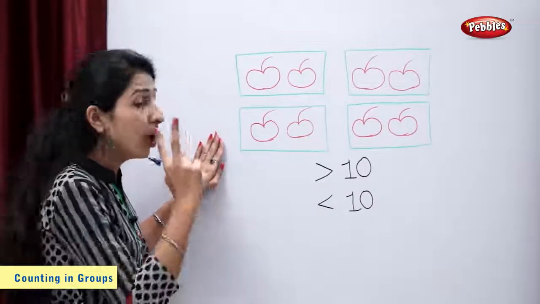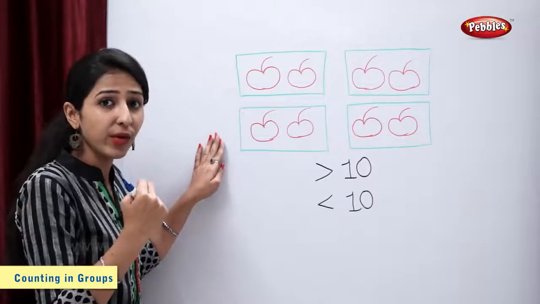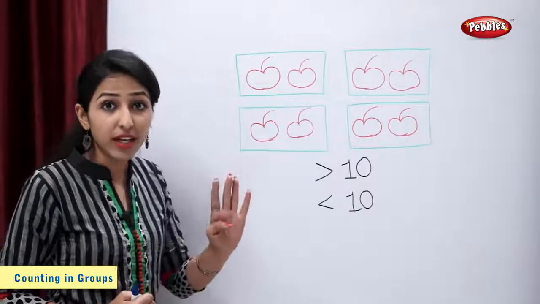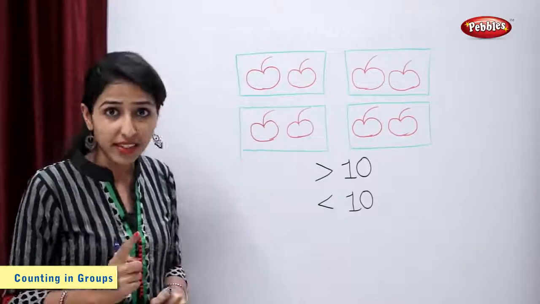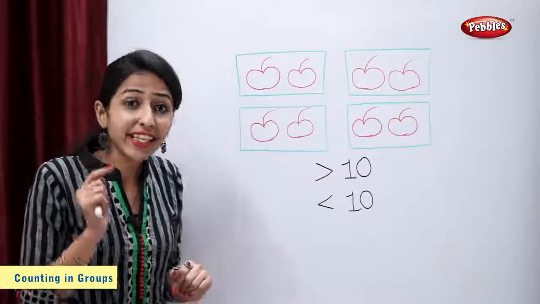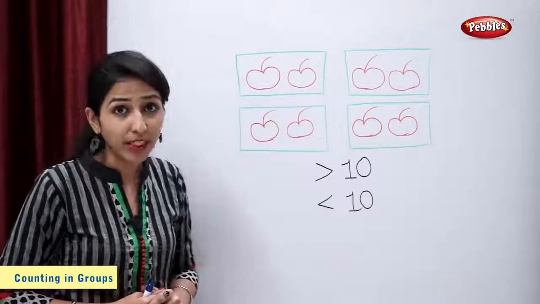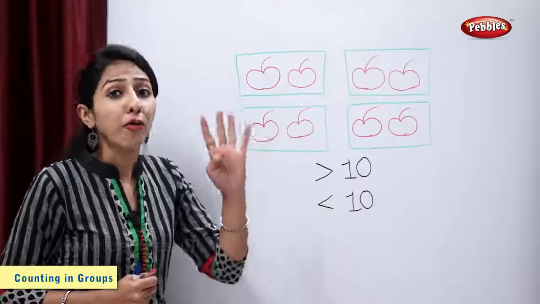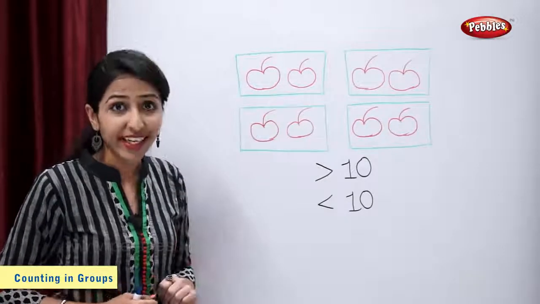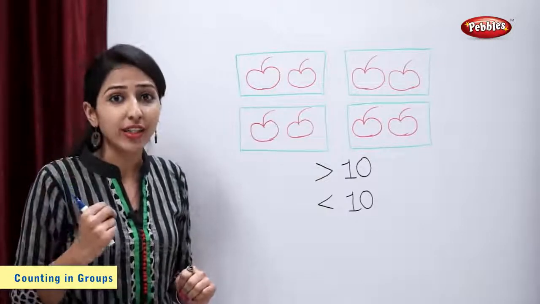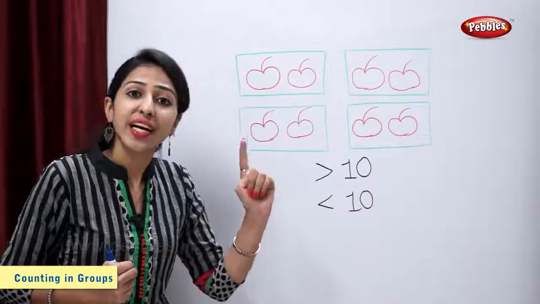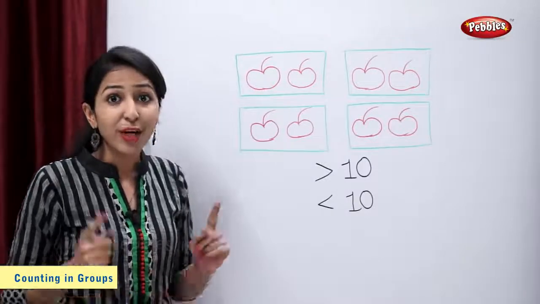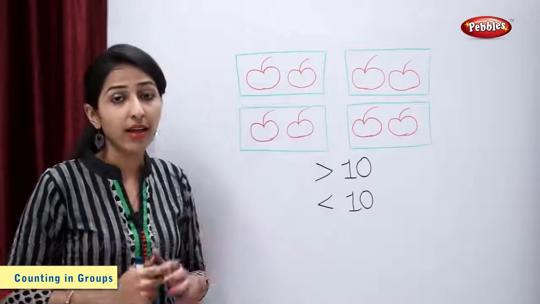There are 2 pairs in the second row. So there are total 4 pairs consisting 2 apples in each pair. So tell me students, there are how many total apples? 4 pairs containing 2 apples each. That is equal to 8. So there are total 8 apples.